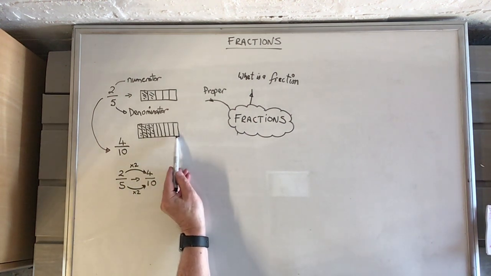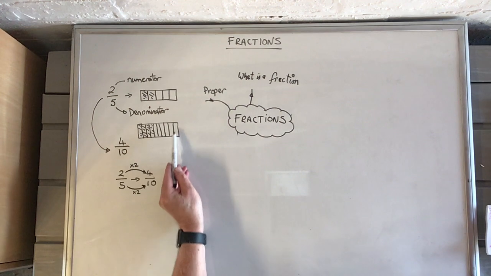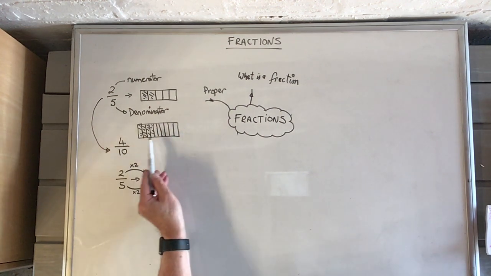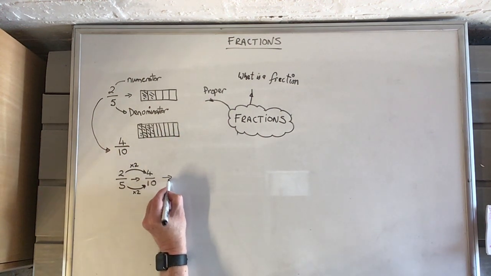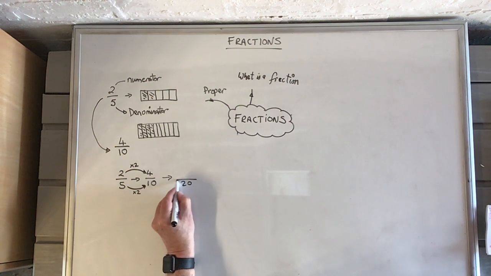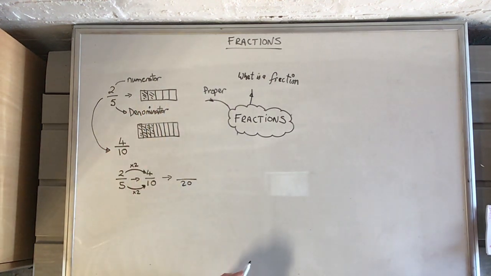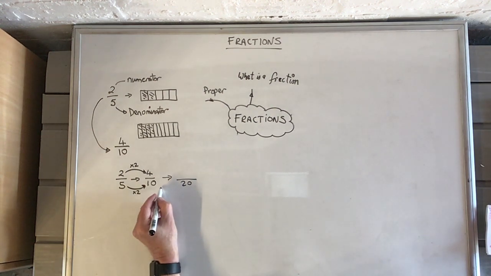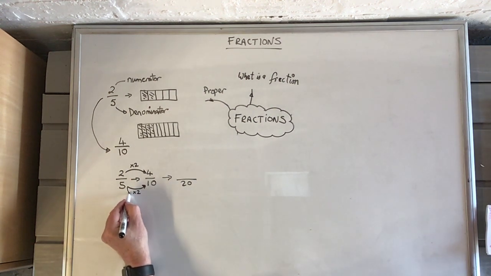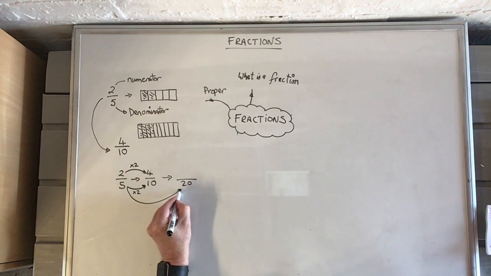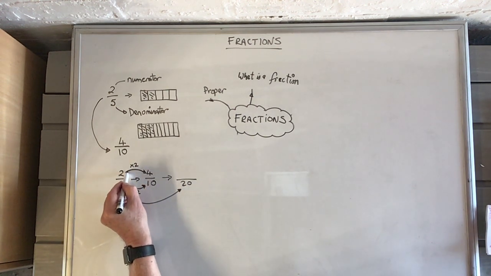I could cut the 10 pieces I've got there in half each, and that would give me 20 pieces for the same bar of chocolate, same size of chocolate. Well, for the 2/5 again, how do I get to here? And how do I get to here?